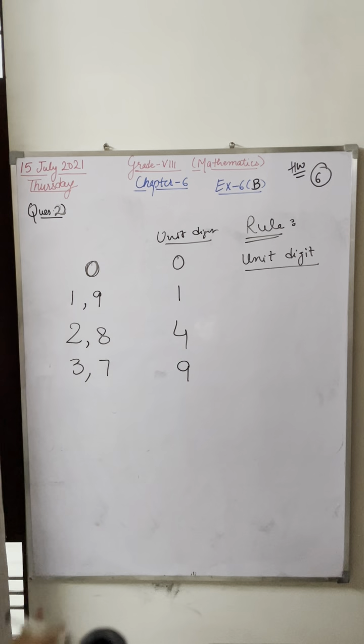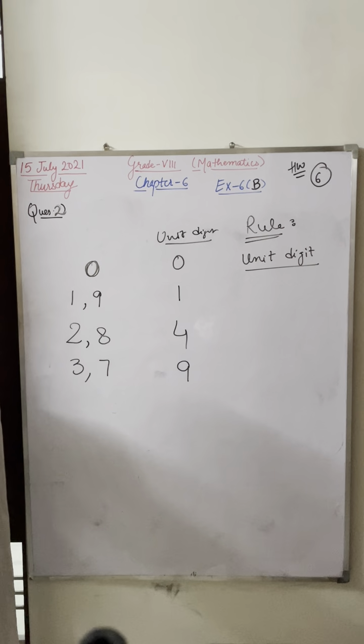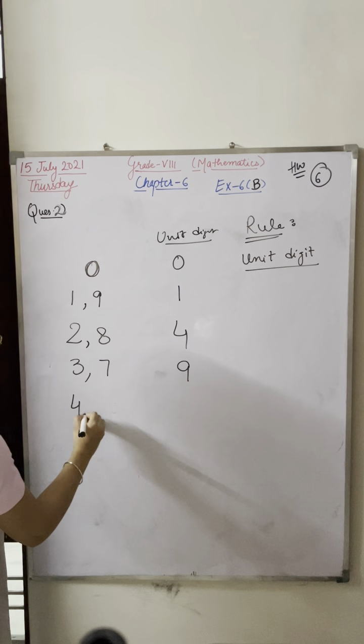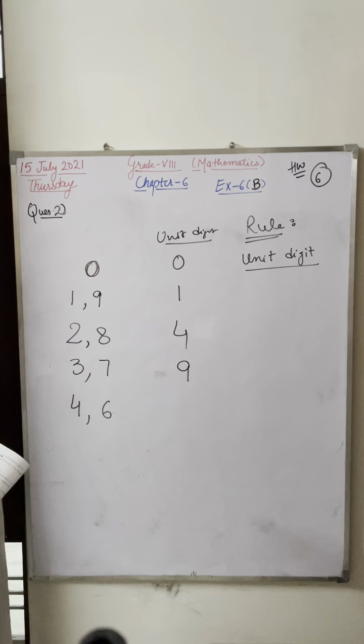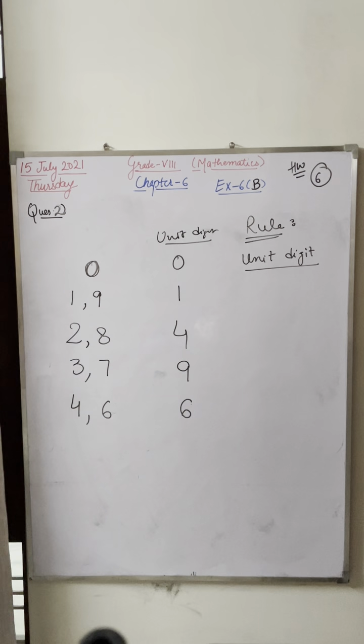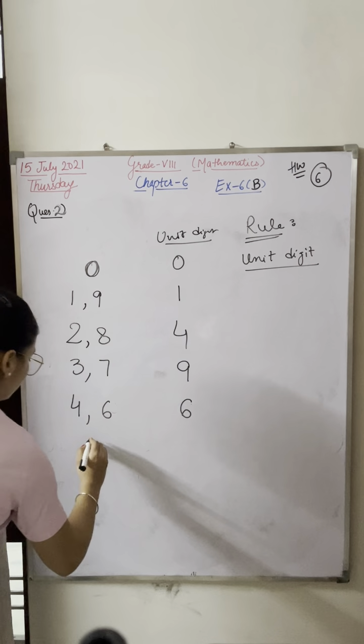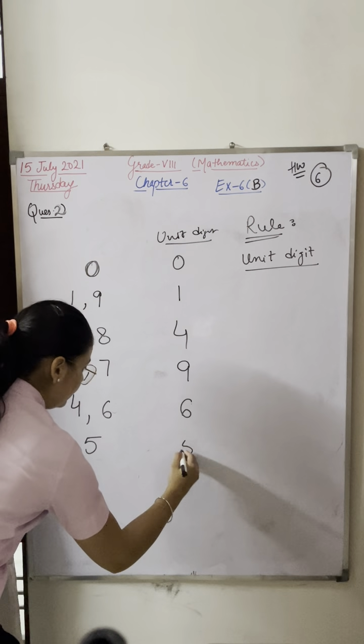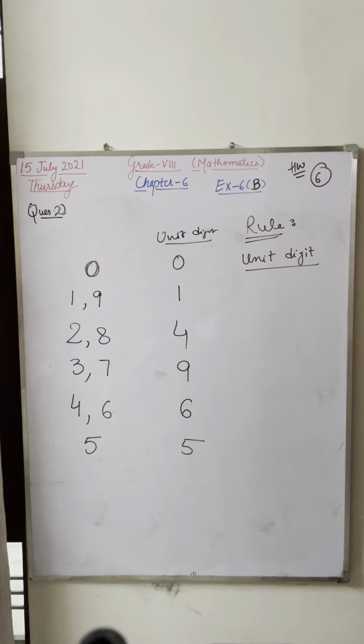I'll tell you a trick to learn these. Just wait. If the last digit is 4 or 6, then it will be 6. If the last digit is 5, then the unit digit will be 5.